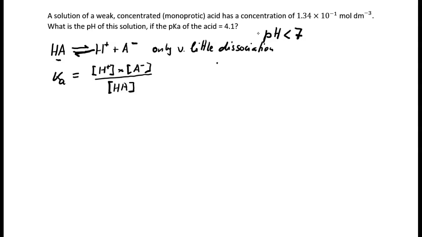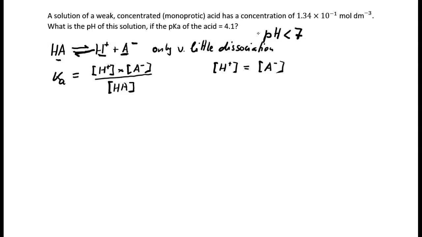We also know that the proton concentration that is generated here must be the same as the conjugate base concentration.